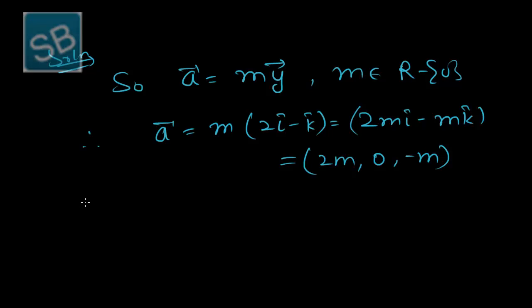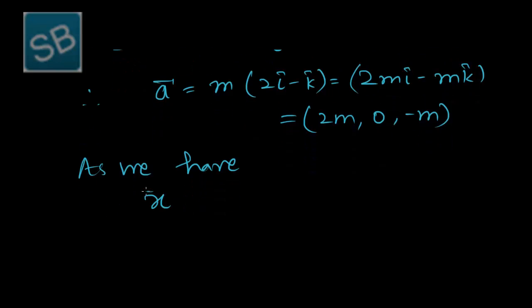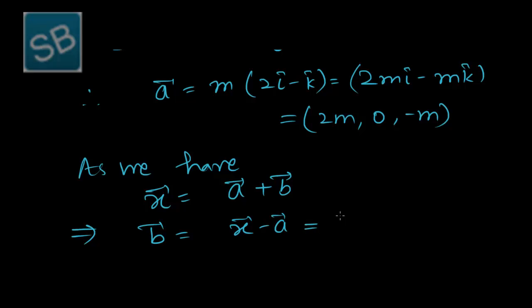Now, as we know, vector x can be represented as a sum of vector a plus vector b. Therefore, vector b is equal to vector x minus vector a. Vector x is 3, minus 1 and 2, and vector a is 2m, 0, minus m.